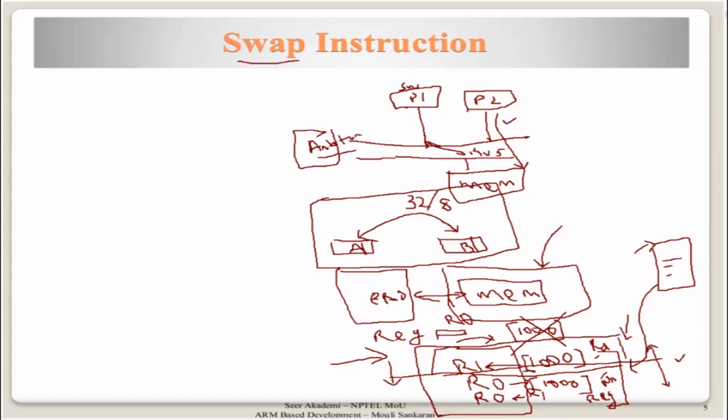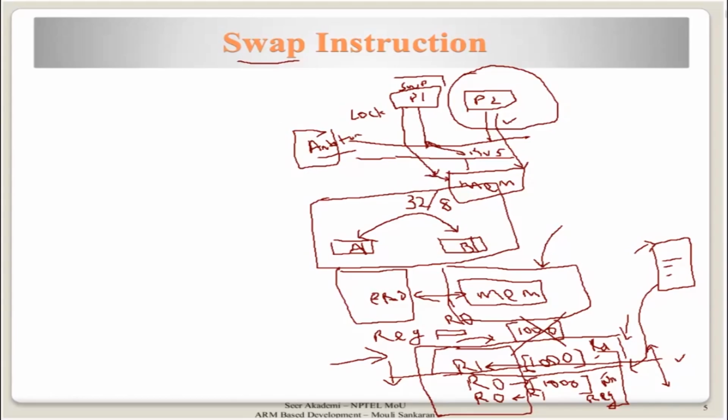It doesn't have any control on what happens with the other processor, but P1, the processor which is executing the swap instruction, makes sure that it informs the memory controller with a lock signal. Assume there is one more signal going, apart from data, address, and read, write, to indicate to the memory, hey, I am doing a swap operation which will involve one read and write.